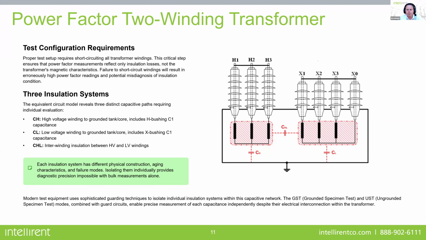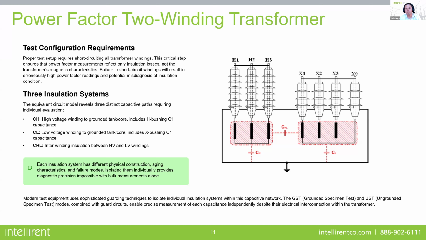And that breaks up a transformer insulation system into three components. It's called CH, CHL, and CL. Because one thing about power factor is it's a sensitive test, but it's more sensitive if you can break it up into smaller insulation systems.